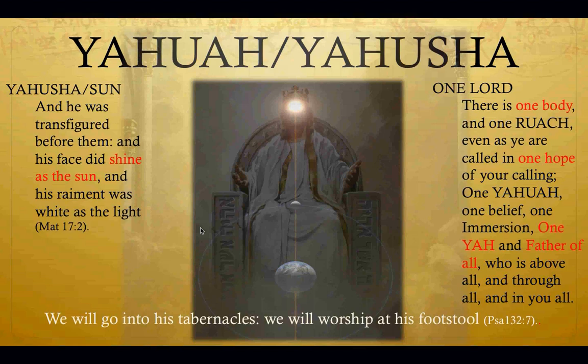And we know that our Father is the source of light, and that's symbolic also of the way the luminaries work in the sun and the moon, the sun being the head, and the moon the body, and we've talked about that in our last presentation.